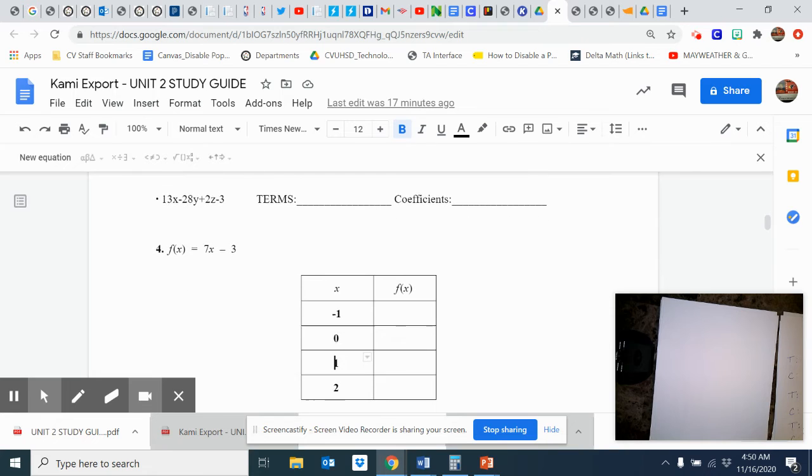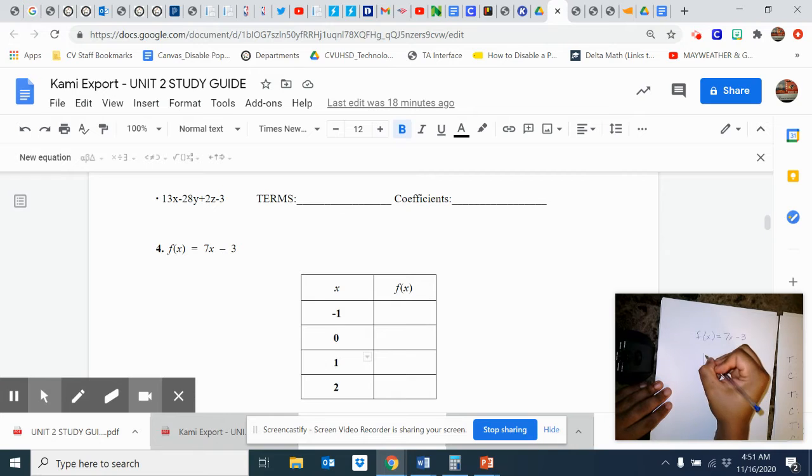All right. Now, this is something that was kind of gone over on Delta Math with more rigor. This one isn't as rigorous. What I want you to do for the ones that you have on the test, when you have f of x equals 7x minus 3, you need to get comfortable with it.